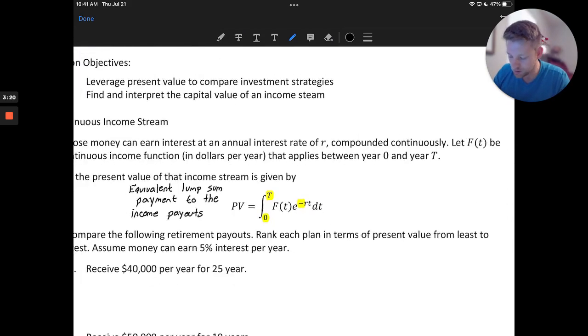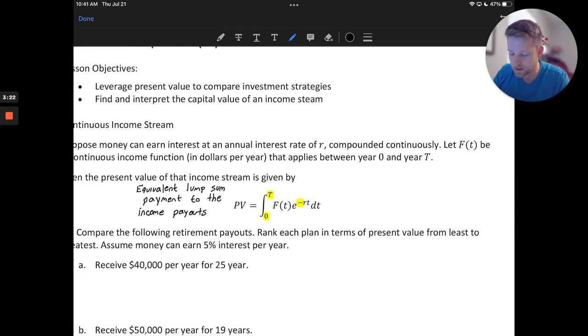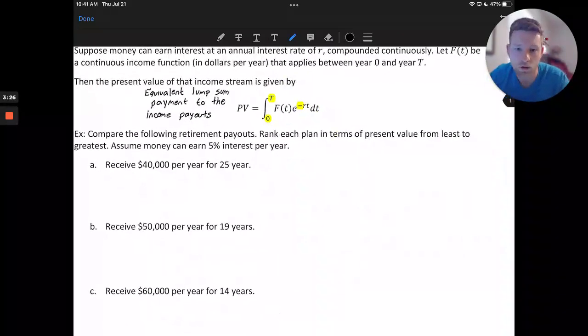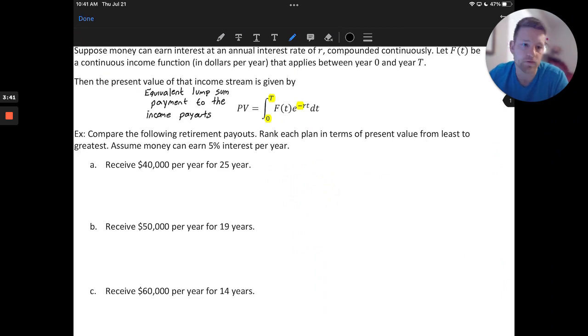So let's take a look and see if we can use this expression to make some comparisons, and we'll walk through at least one of these calculations in depth, and then we'll walk over the last two in a little less detail. So in this first example, we're going to do the comparison of a couple income streams or a couple investments.